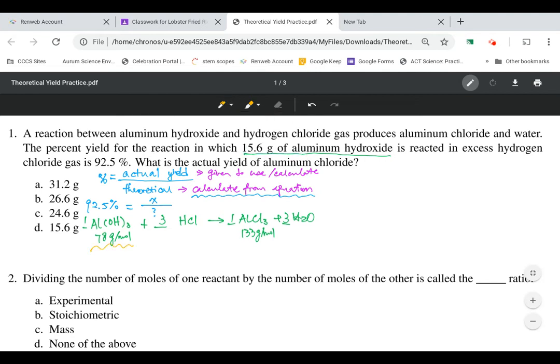Same thing, we have to convert the actual gram, 15.6 gram AlOH3, into mole first.